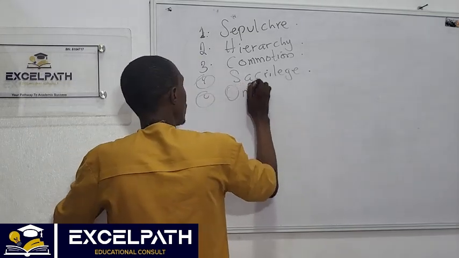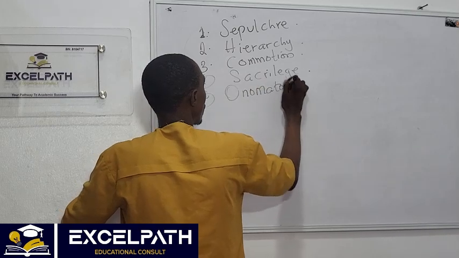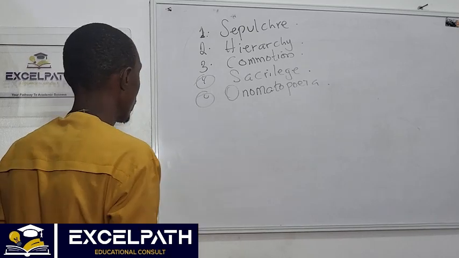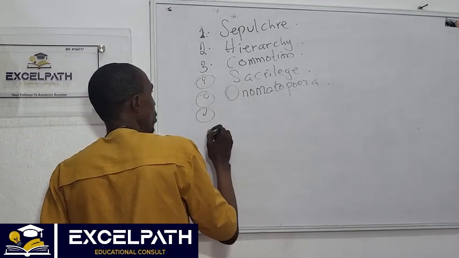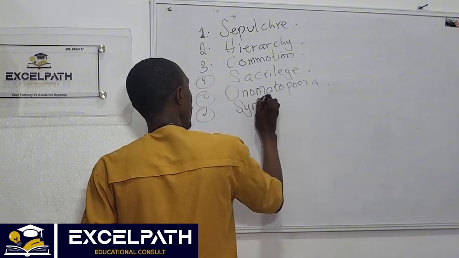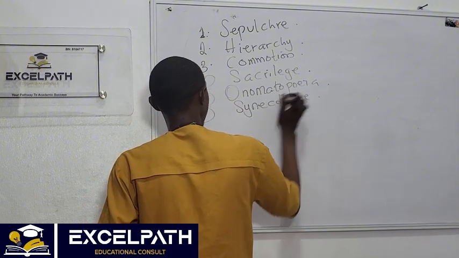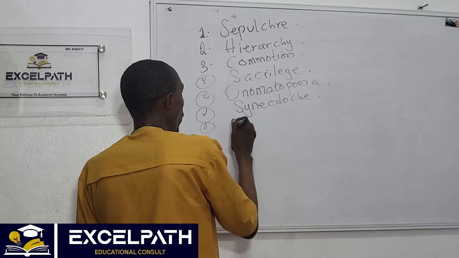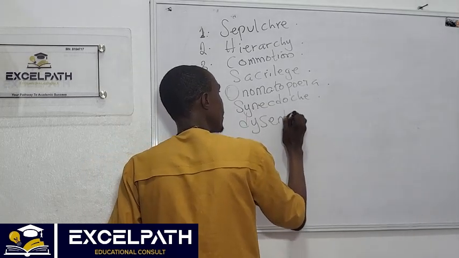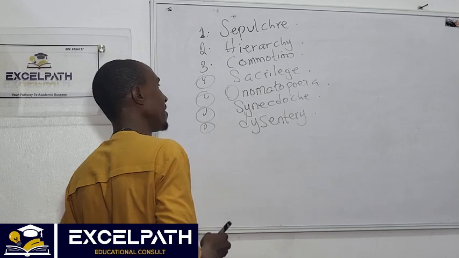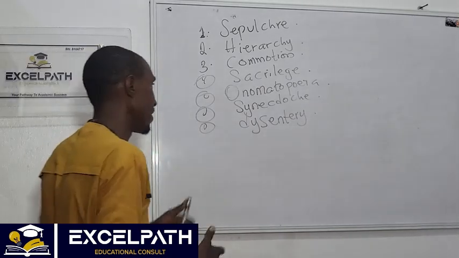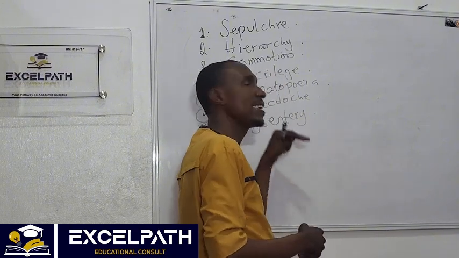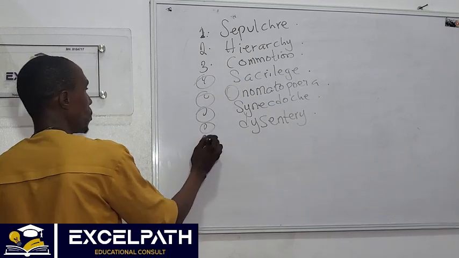The word onomatopoeia. The word synecdoche. The word dysentery. Please note, it is not dysentery with T-R-Y. It is dysentery, which is what? T-E-R-Y, not T-R-Y. Please take note of that.